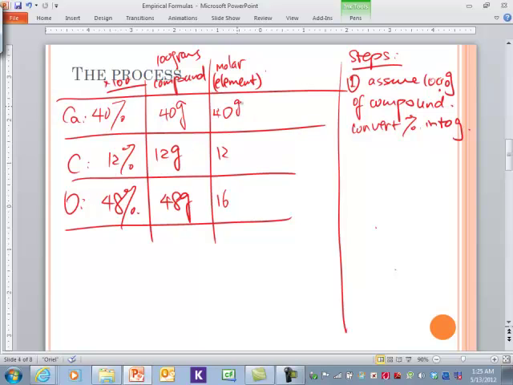Okay, so this is grams per mole, this is grams per mole, this is grams per mole. So that would be the second step.